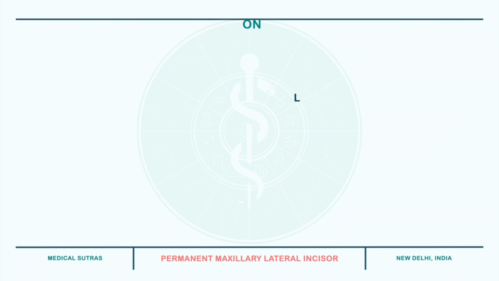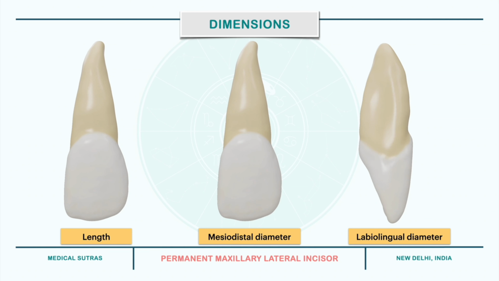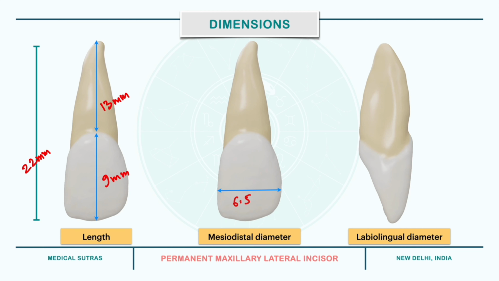Next we will look into the dimensions of the tooth. The overall length of the permanent maxillary lateral incisor is around 22 mm, of which the crown length is 9 mm and the root measures 13 mm. The mesiodistal diameter of the crown is 6.5 mm at the crest of curvature and 5 mm at the cervix.